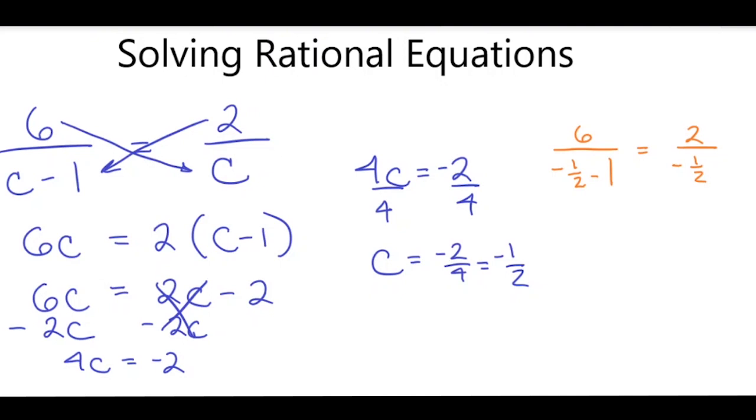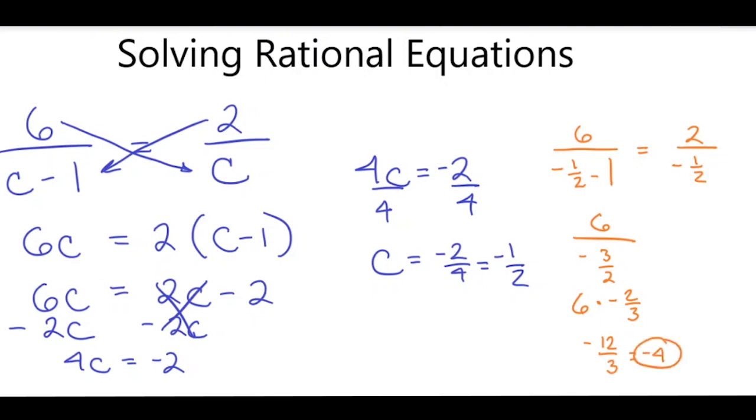Well, if I simplify the left side of my equation, I have 6 over negative 3 halves, which is 6 times negative 2/3, because when we divide, we multiply the reciprocal. So that leaves me with negative 12 over 3, which is negative 4.